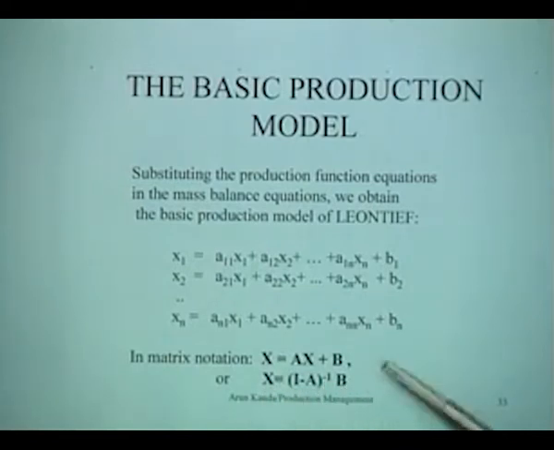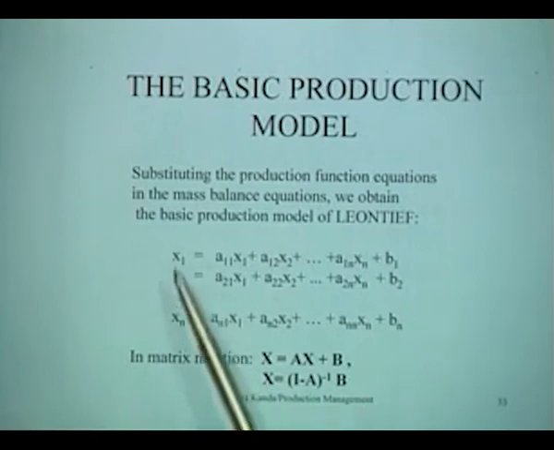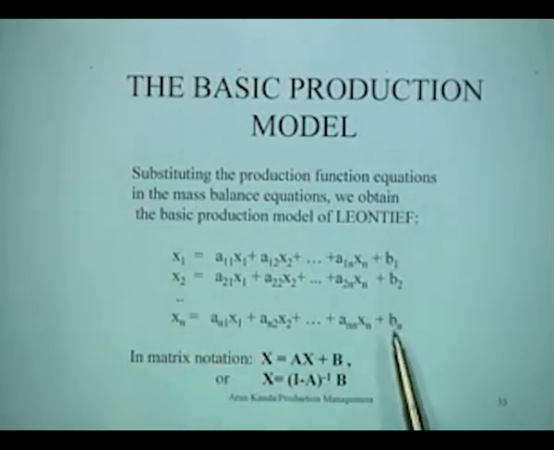This is the basic Leontief model. What it says is that you can calculate the production quantities knowing the requirements of the individual sectors in the economy if you know the technological coefficients, that is the matrix A.